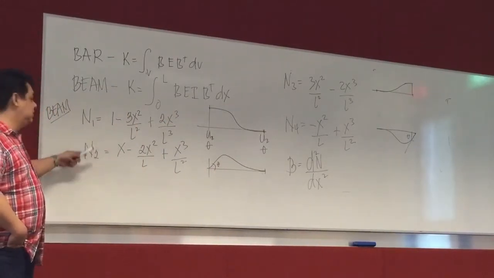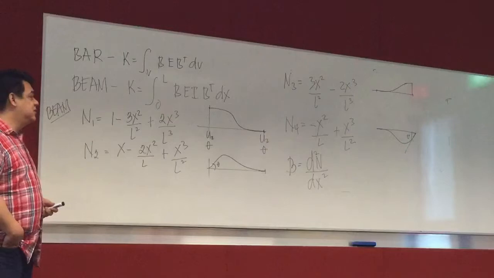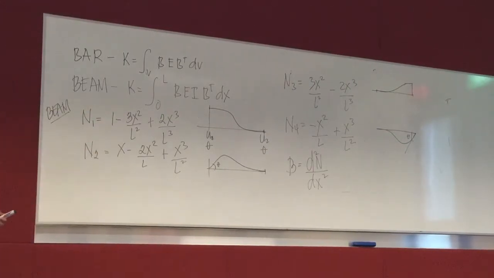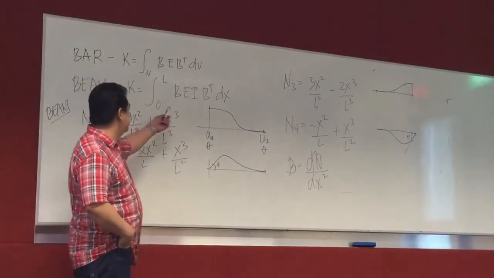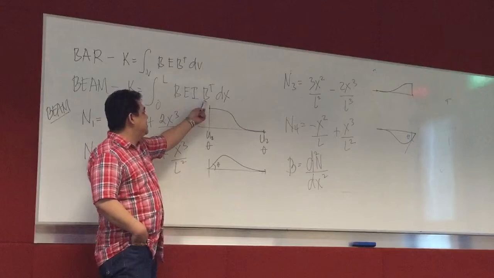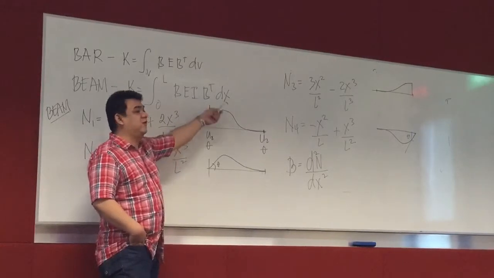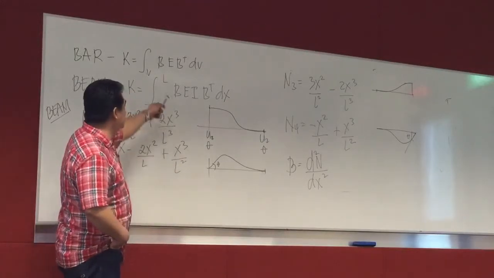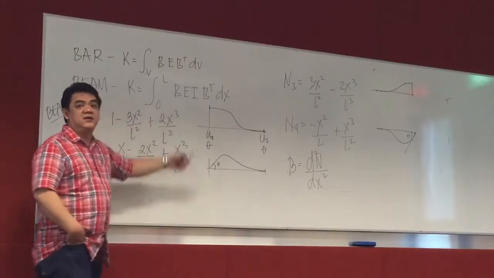You have this equation now, so take the second derivative of this shape function. Once you determine that, this will be a column vector. Transpose, this will be a row vector. So you will get a 4x4 matrix in the end.